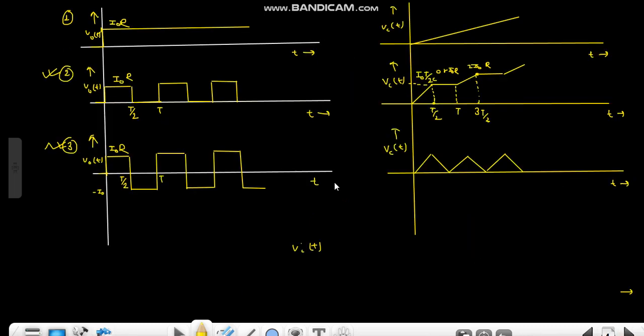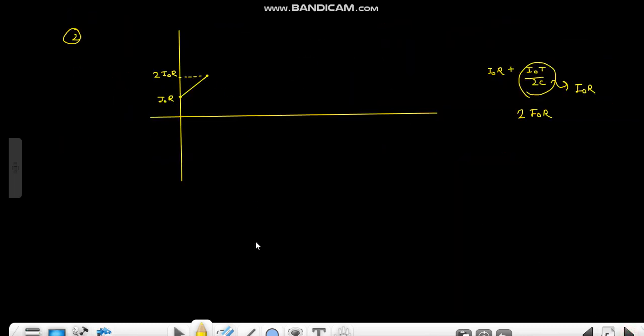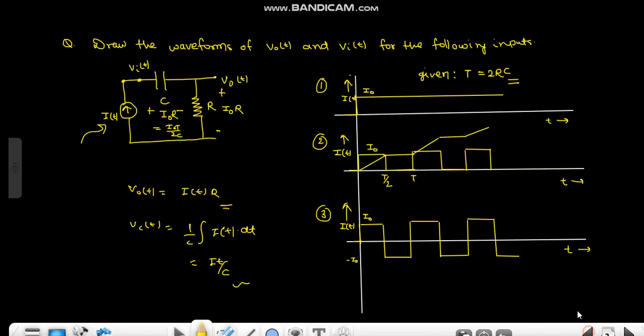So the waveform would come down to I naught R and remain constant from T by 2 till T. Now what is the amount of voltage the capacitor is having?